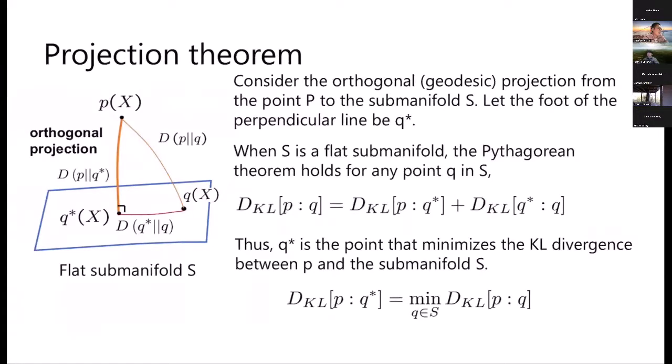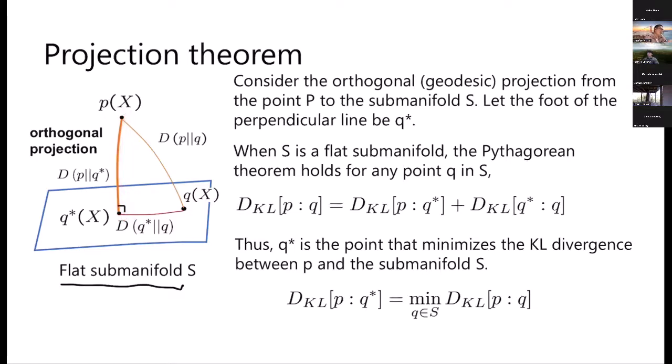And similarly, we have another useful theorem, the projection theorem. It's like a projection to a plane. Consider the orthogonal projection from the point P to the submanifold S, and in this case we consider a flat submanifold, like a plane in Euclidean space, and let the foot of the perpendicular line be Q star. This is an orthogonal projection.